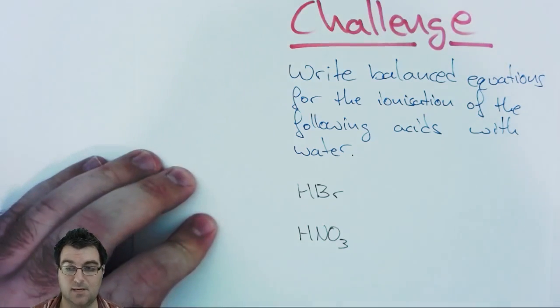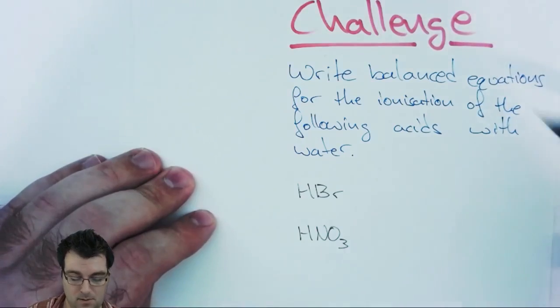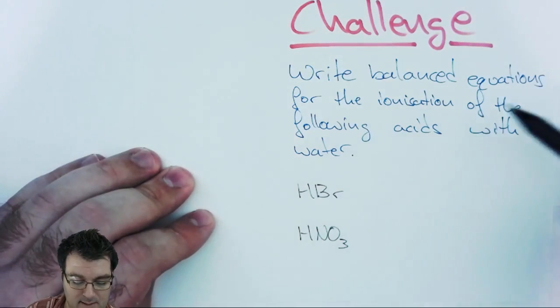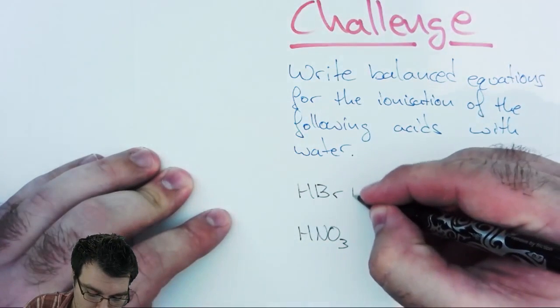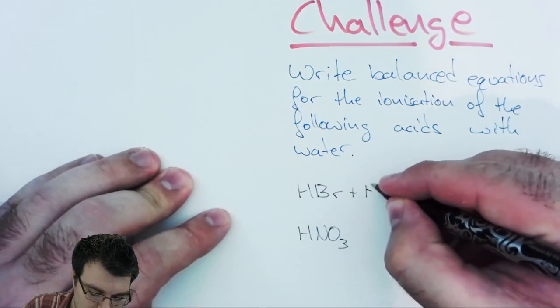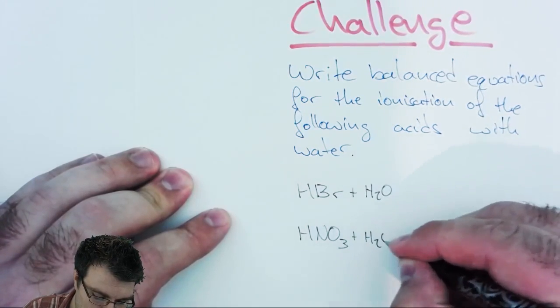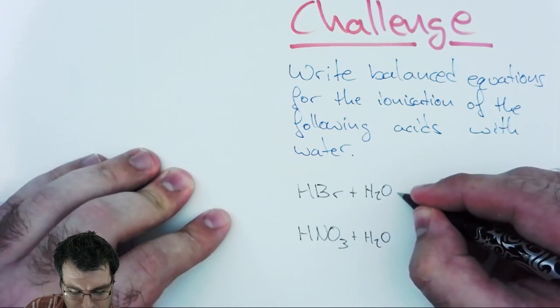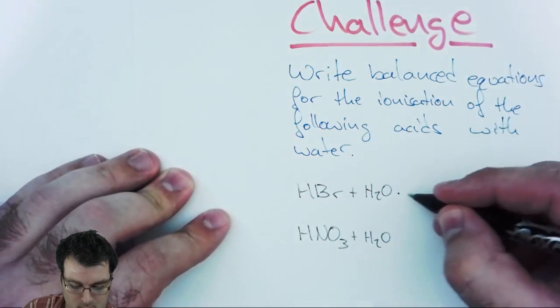All right, let's take a look at what's happening in this situation. So we're writing balanced equations for the ionization of the following acids with water. And so that means that each of these acids is reacting with water. Now I'm going to focus just on the top one, then we'll do the nitric acid one.